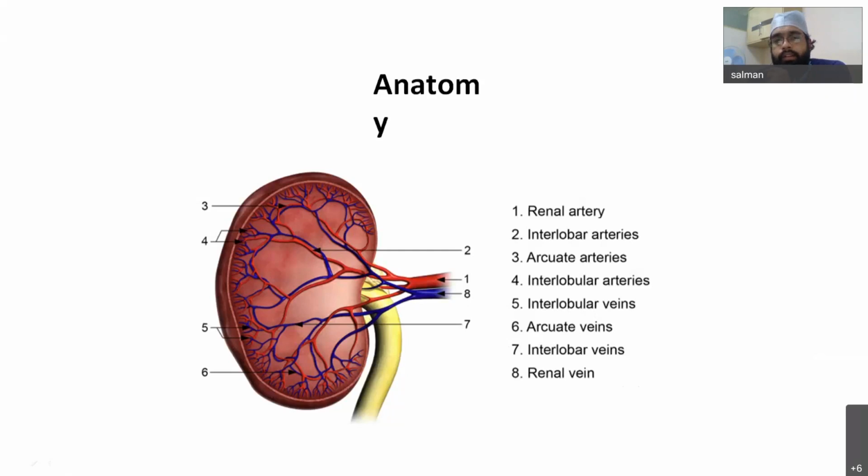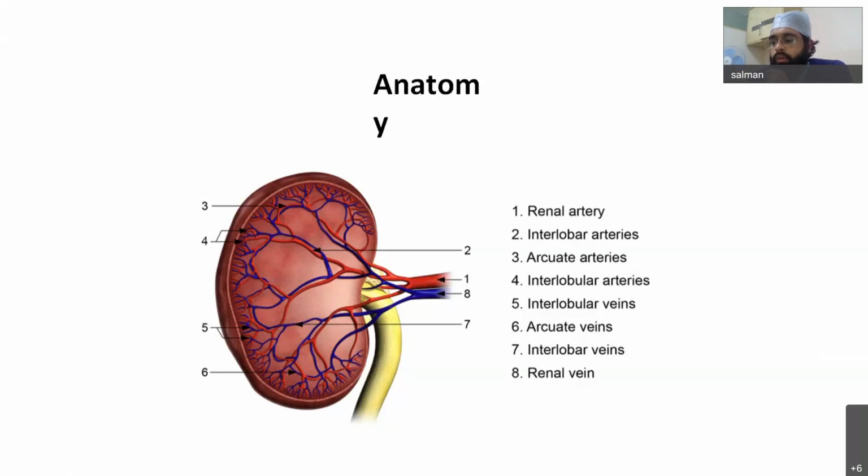the right renal artery. The right renal artery courses posterior to the IVC and the renal vein and the head of pancreas and the second part of the duodenum, while the left renal artery courses posterior to the renal vein, splenic vein, and the body of the pancreas.